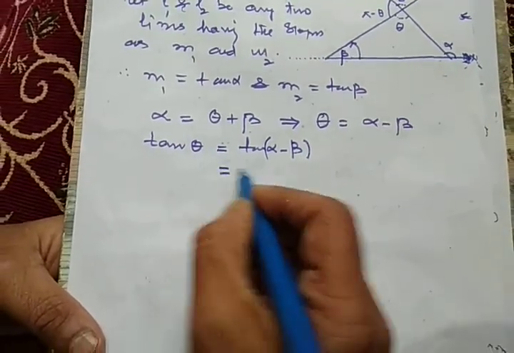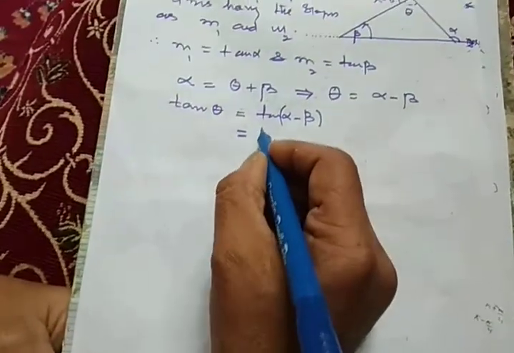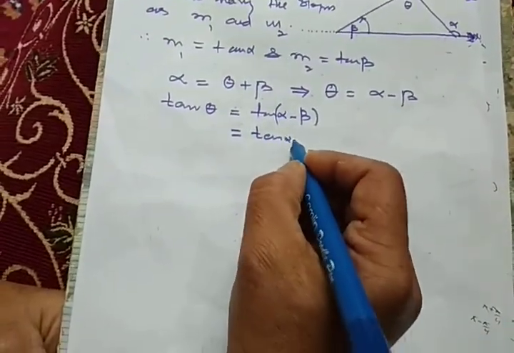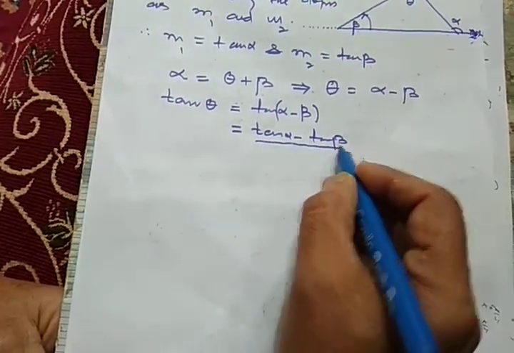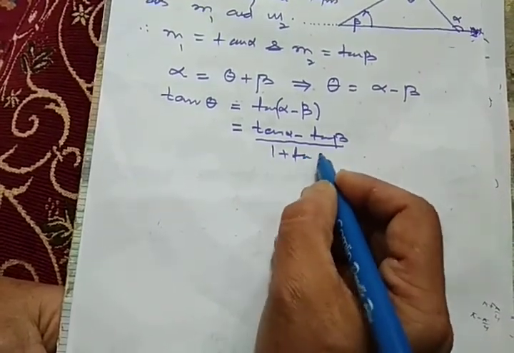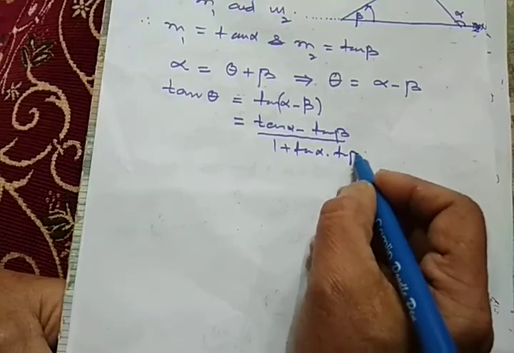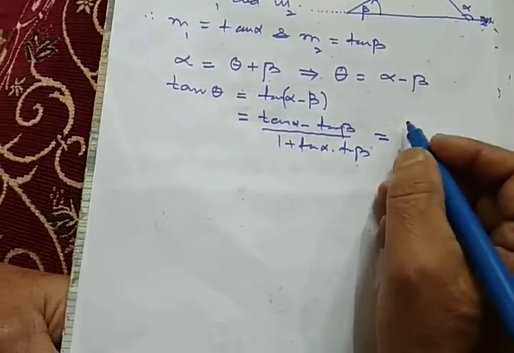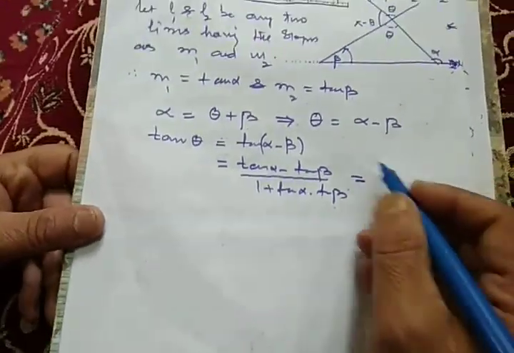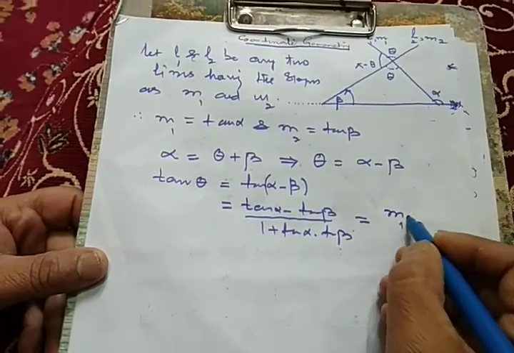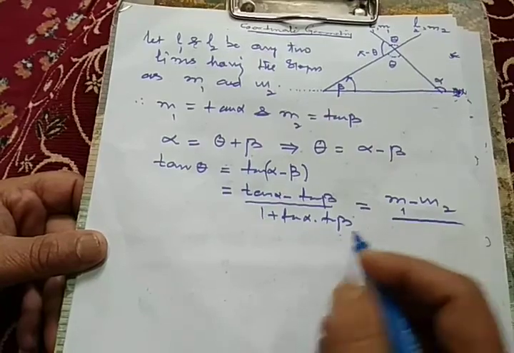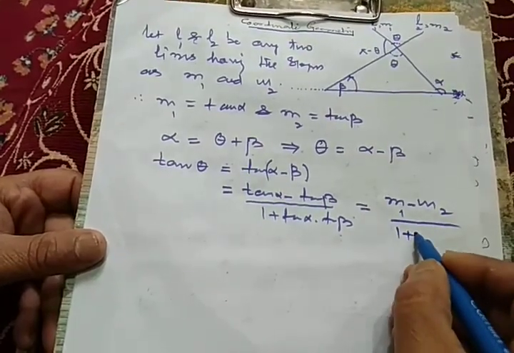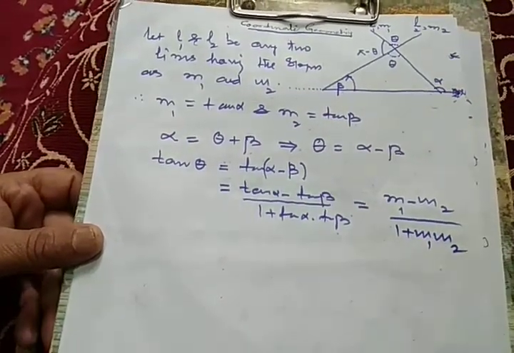So this can be expanded as tangent of alpha minus tangent of beta divided by 1 plus tan alpha into tan of beta. Tan alpha is M1, so this is M1 minus M2 divided by 1 plus the product M1 M2.